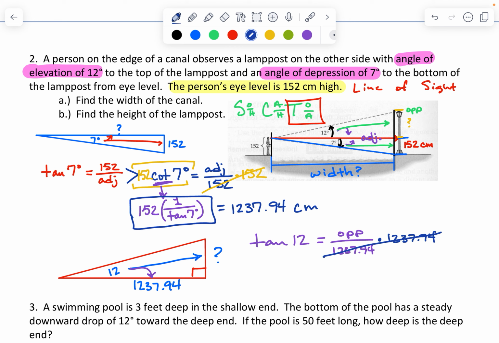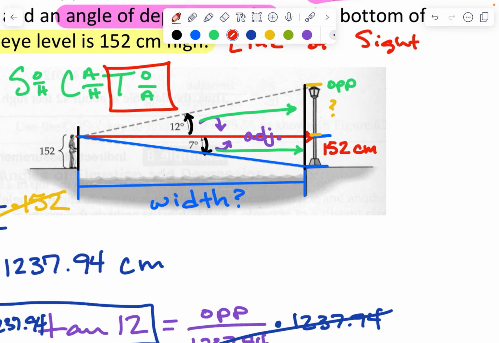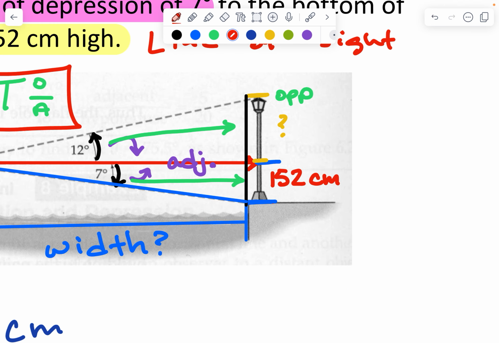I can just multiply both sides by 1237.94. You can type this directly into your calculator, and you will get that the opposite side is 263.132 centimeters. Now, looking at our image, that's this part.